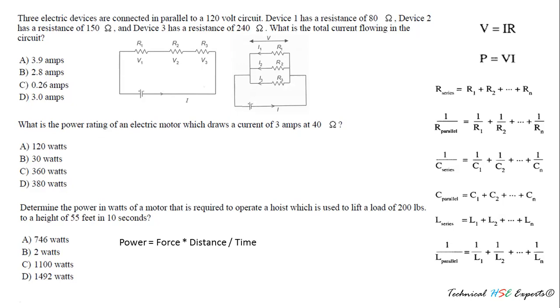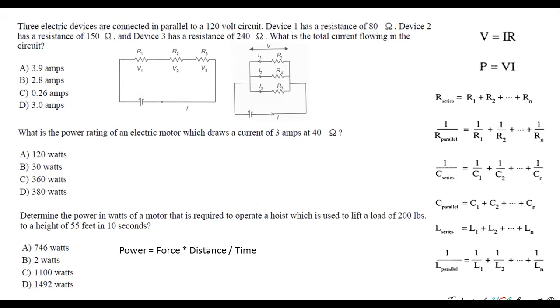Now, I will explain to you. First, how many foot pounds per second will you say? It should be 1100. 200 multiply 55 divided by 10, equal to 1100 it will come.